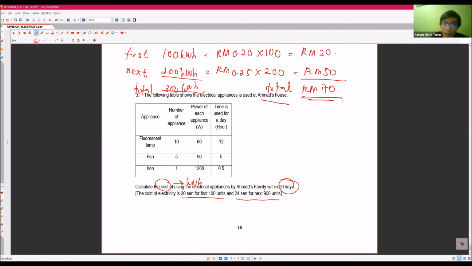What we need to do now is use P times t for each appliance. We just need to multiply all the numbers here. But this one is in terms of watts, so all of this must be divided by 1000 first. 1000 times 5, this is in hours, so it's good. So what is that? 1000 times 12, 7.2.